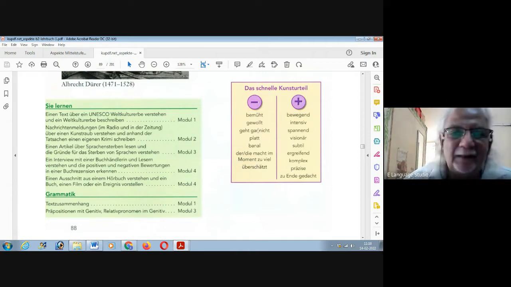Gewollt, it looks wanting, it needs something, there's something missing here. It looks very bemüht, too tiring on the thing. But Kunsturteil positiv: bewegend, intensiv, spannend, visionär, komplex, präzise.